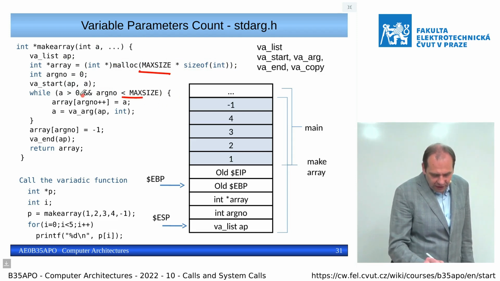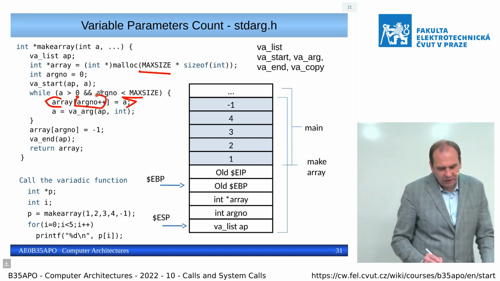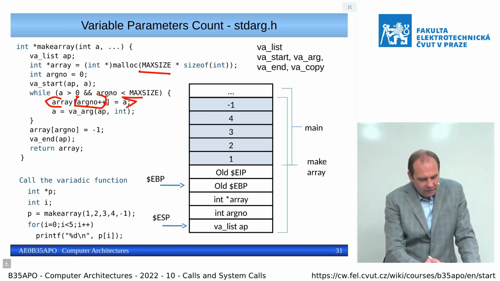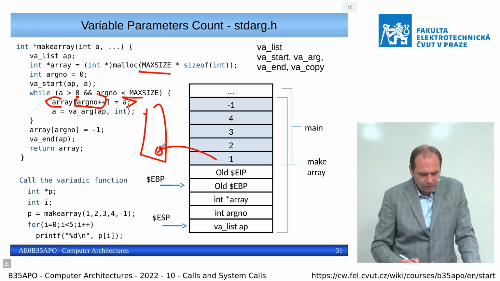In such a case, we store A into the array at a given location and increment the number inside the array. So we have allocated the array and copied the first element to the array.